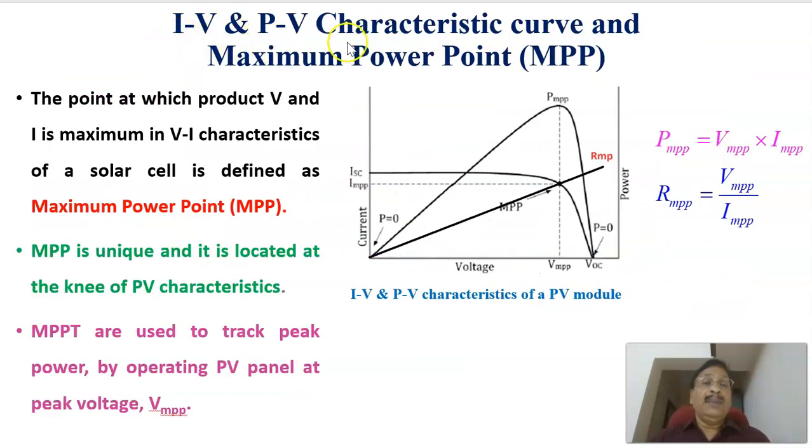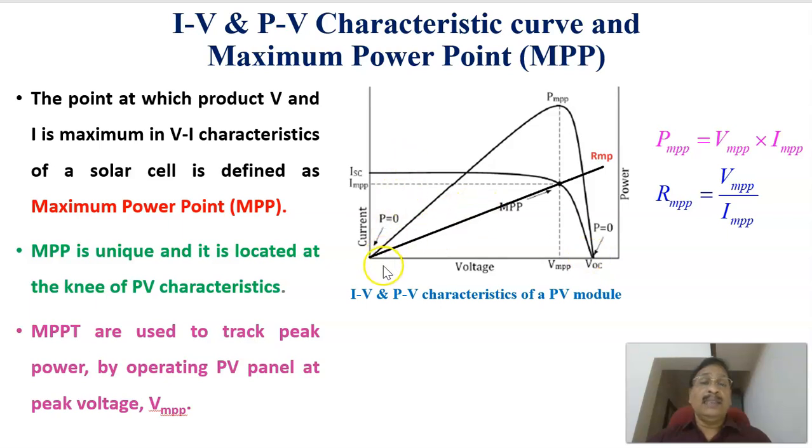Continuing with the IV and PV characteristics of the solar panel and its maximum power point, MPPT. The point at which the product of voltage and current is maximum in the VI characteristics of a solar cell is defined as the maximum power point. As an example, this is the IV characteristics of the solar panel, with short circuit current and open circuit voltage.